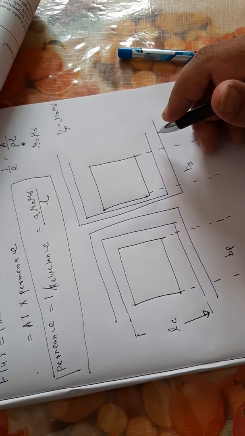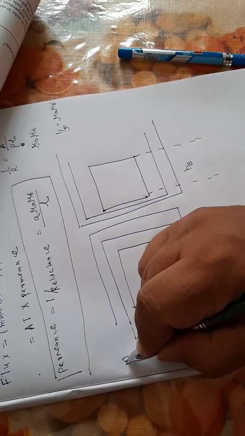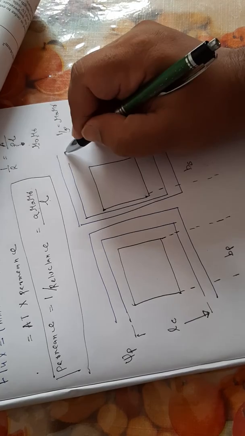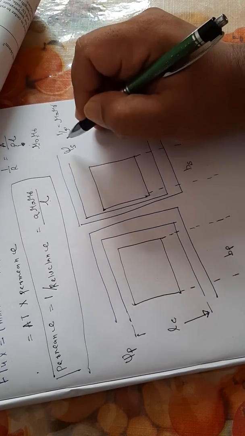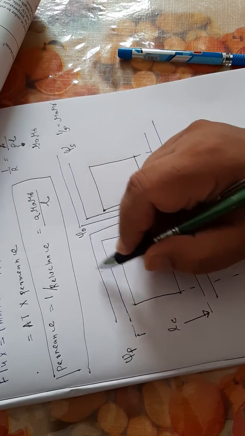I have flux linking with this side, let this be phi P, and flux linking on the secondary side, let this be phi S, and there is one more flux that is linking in the duct.